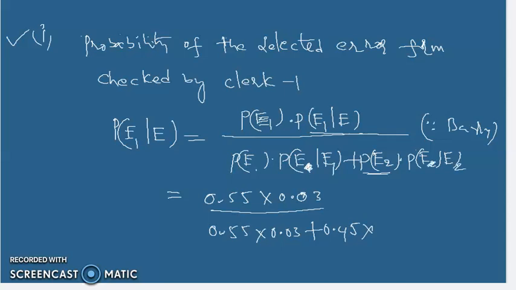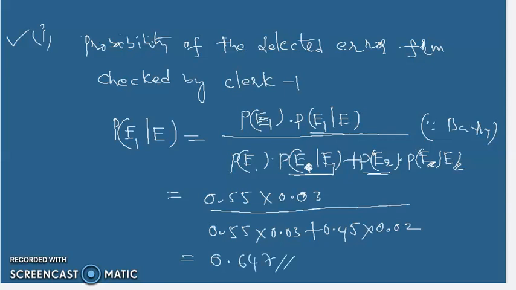So P of E by E1 value already here, that is 0.03, plus P of E2 is 0.45 into P of E by E2 value is 0.02. Okay, so that is also equals to, we have some simplification, we are going to find the value 0.647.